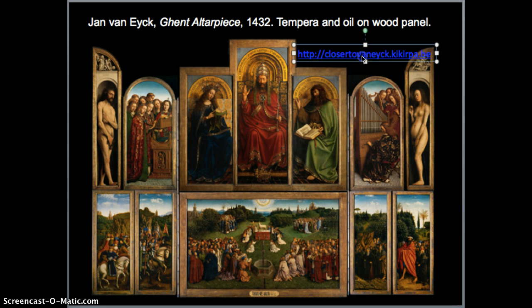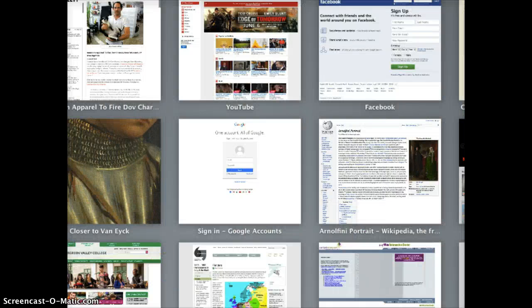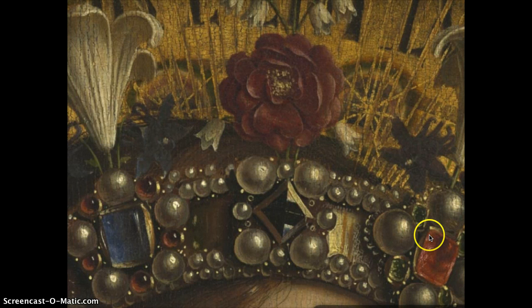So let's see if I can click this link here. I want to show you this really amazing website. This is a website showing a close-up of Jan van Eyck's Ghent altarpiece.